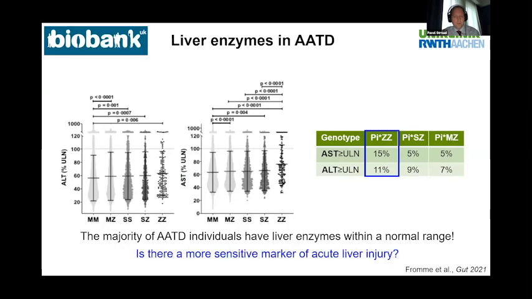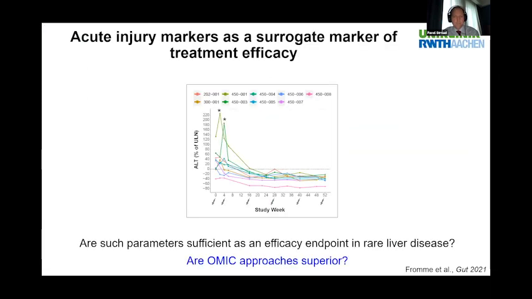One back, please. One of the issues is whether there are more sensitive markers of this acute liver injury. Next slide. The big advantage of these biomarkers is that because they are snapshots, if we use an effective treatment, we can of course change these biomarkers very quickly, and this is what we showed in the previous talk.